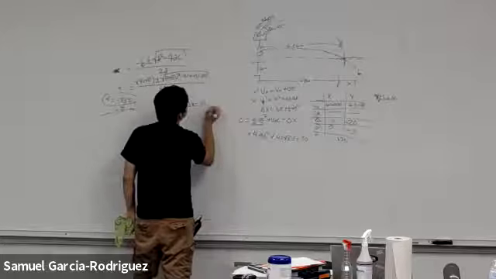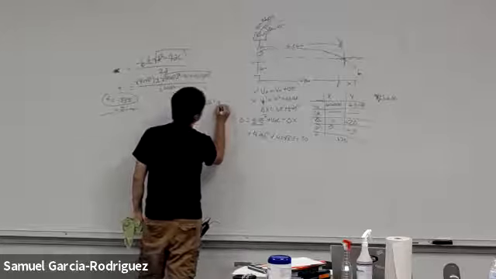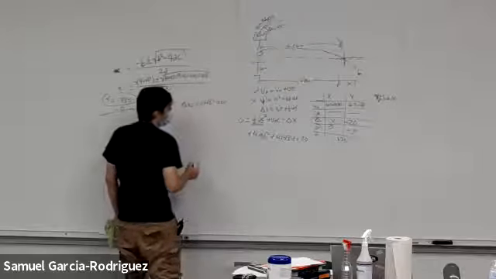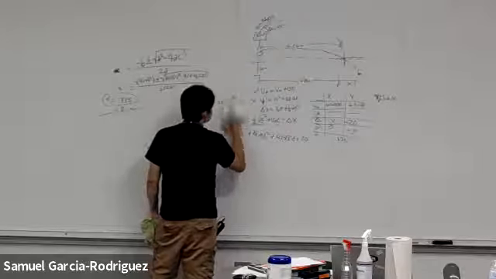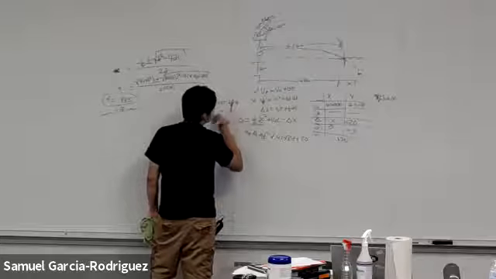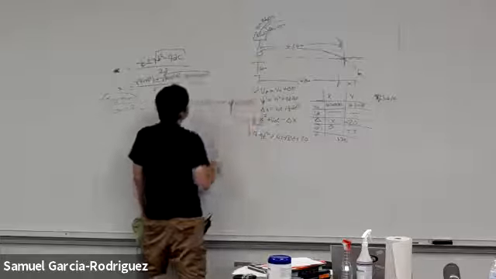So it's going to be 41 times square root of 2 times time, which is like 0.335, plus 1/2 times 4.9 times t squared, which is 0.335 squared.